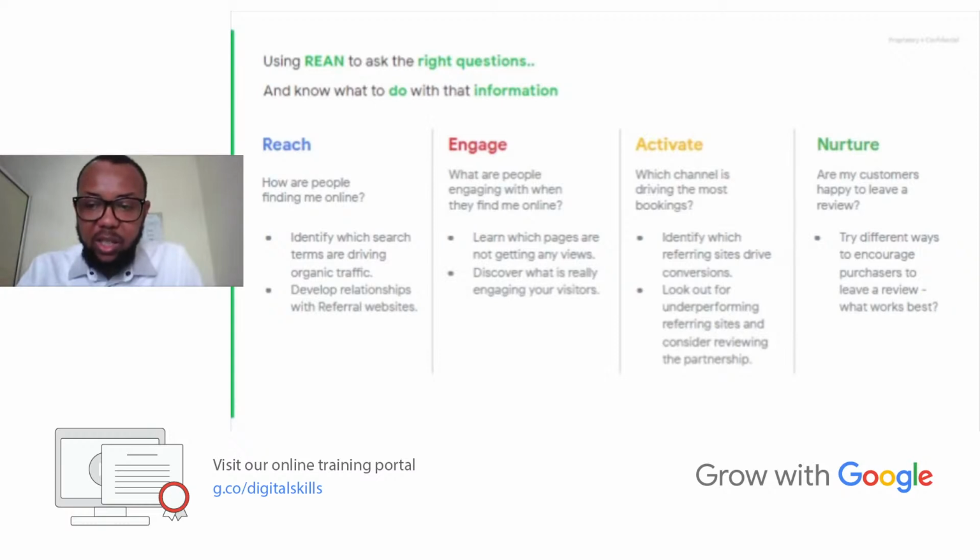With this question you can discover what is really engaging to your visitors. You know, okay, this is really what my visitors are interested in. These are the kind of content and creative they really want to see. This question helps you to get that.